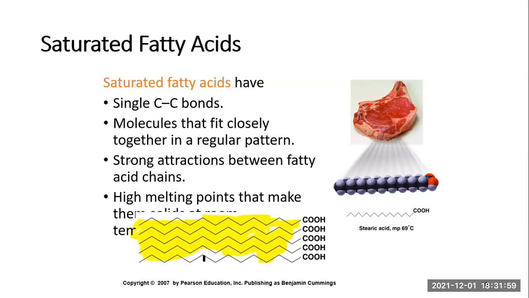They'll fit together really nicely. The dispersion forces will work really nicely together because they're all single bonded. The result of that is they will interact well with each other.